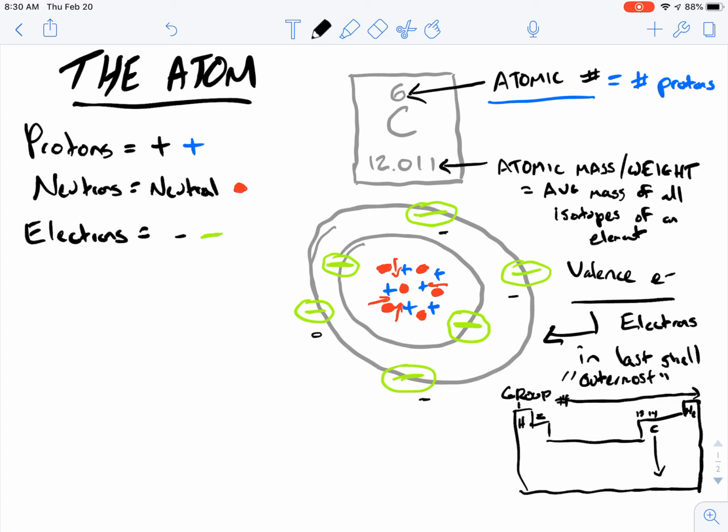What is an isotope, you may ask? Well, let's talk about that. So isotopes, another very important chemistry topic.